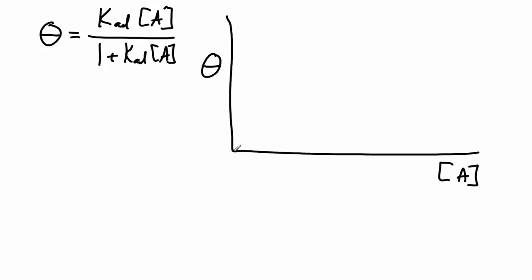So we get something that looks like this, a straight line. However, as this gets bigger and bigger, eventually 1 becomes negligible, and then the bottom is approximately just Ka, and the top we have Ka, which means, of course, theta is going to asymptote out at a value of 1. So we get a curve that looks something like this.